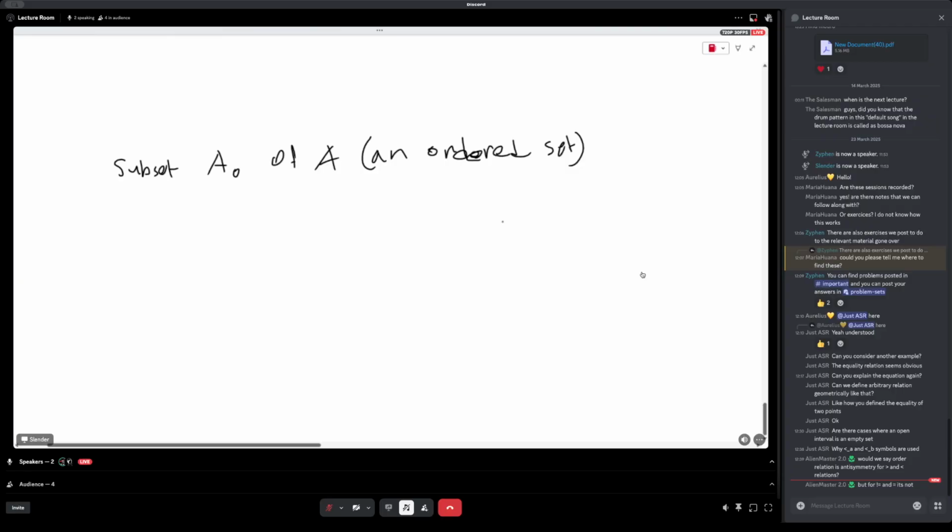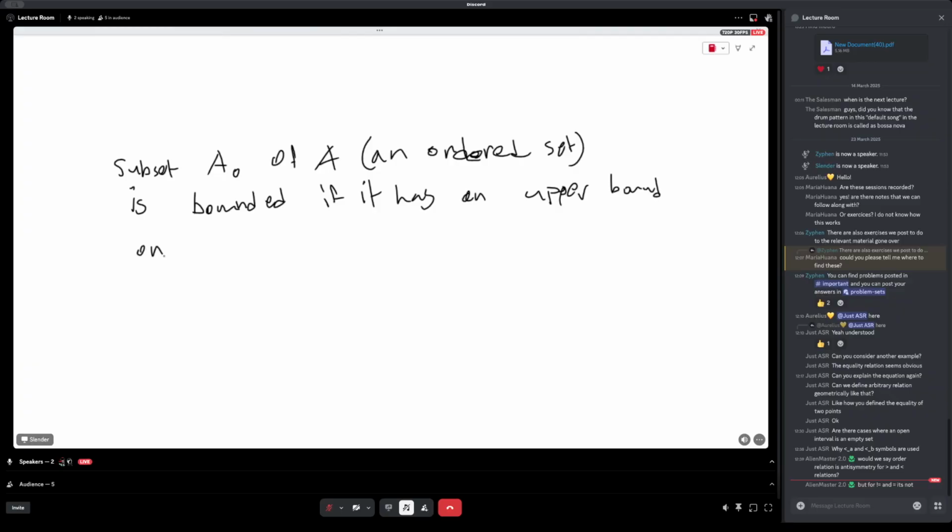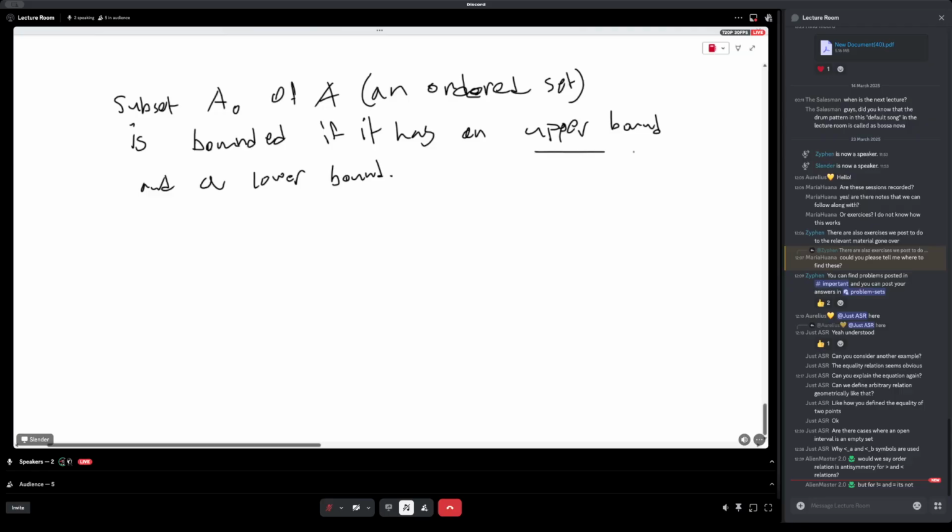We say a subset A0 of A is bounded if it has an upper bound and a lower bound. So let me show what's an upper bound.